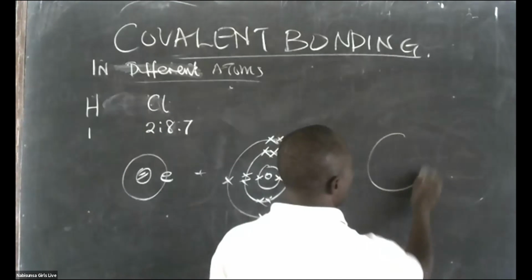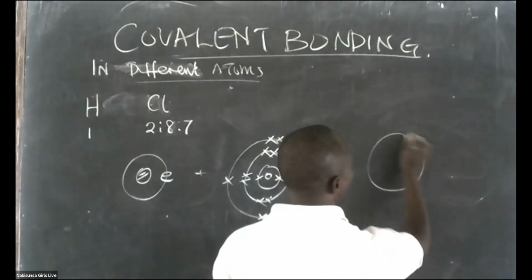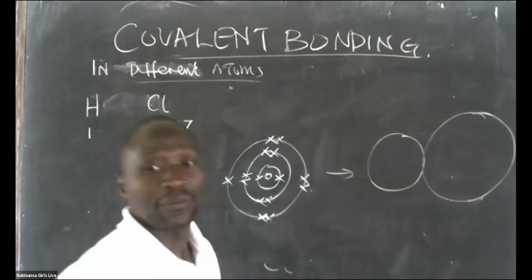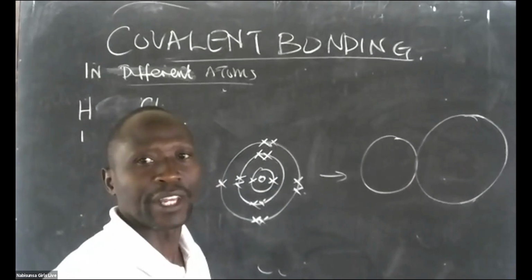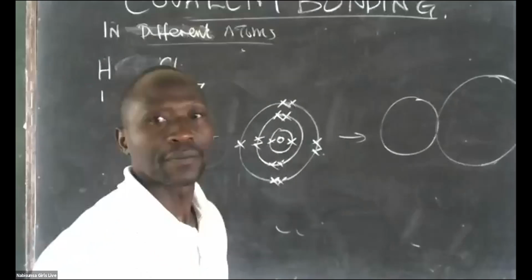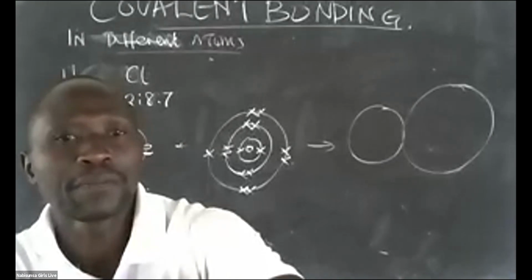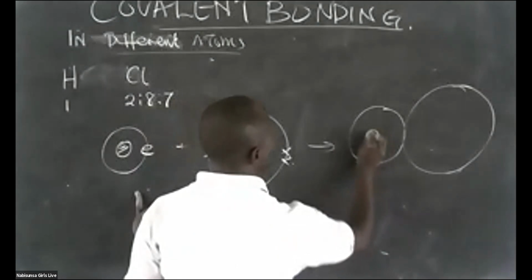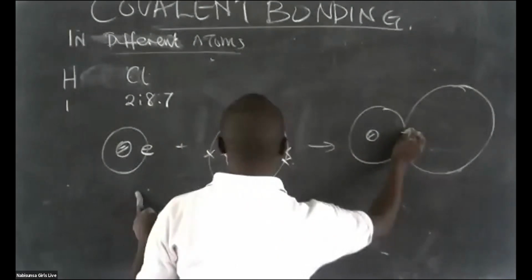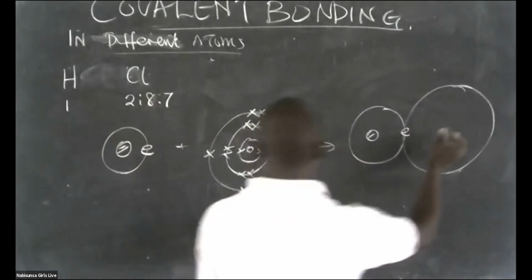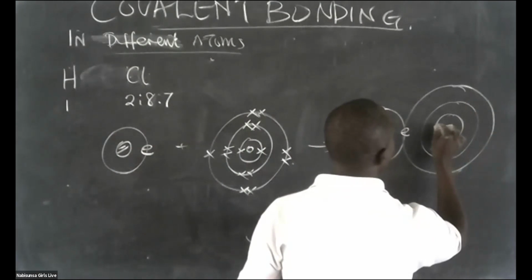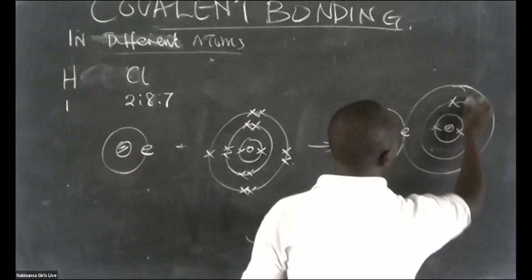The result is hydrogen connected to chlorine. Hydrogen is the nucleus, that is its electron. Chlorine has 3 energy levels, just a curtain raiser. This is XX, these are 8, and we shall begin from there.